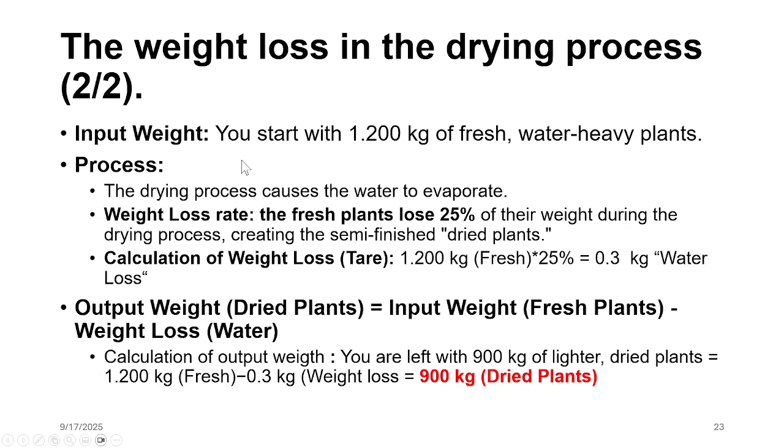As you remember, the company buys 1,200 kilograms of fresh plants with a water-heavy blend and puts them immediately into production. So we call it the input weight or the gross weight. If we review the process at the sorting and drying workshop, the drying process causes the water to evaporate.